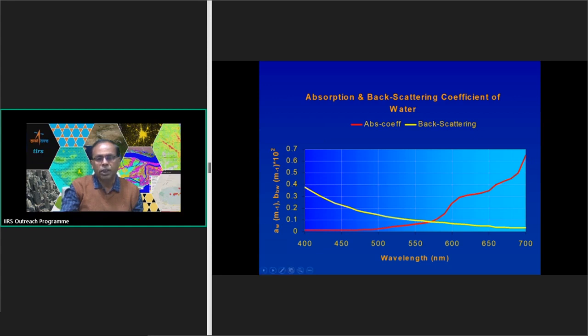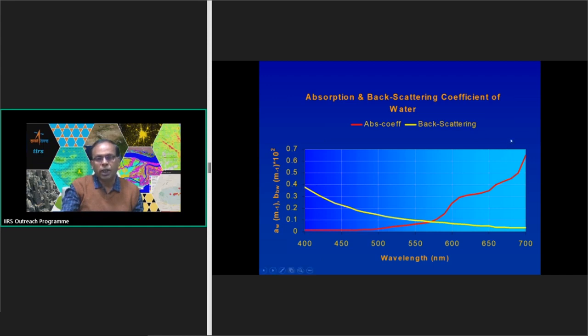And the reverse is the case of backscattering. Scattering is more in the blue part of the spectrum and gradually decreases towards the red. So both the absorption and scattering can be combined together to determine the reflectance of the water.